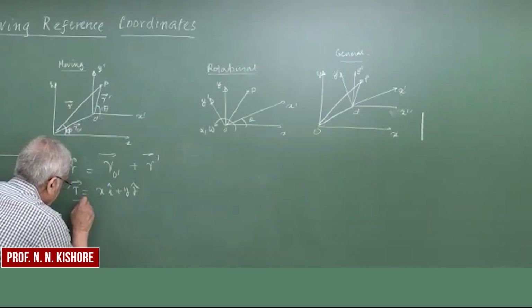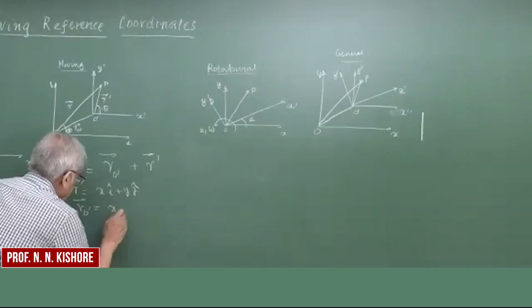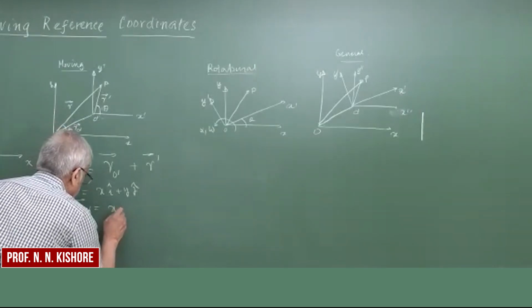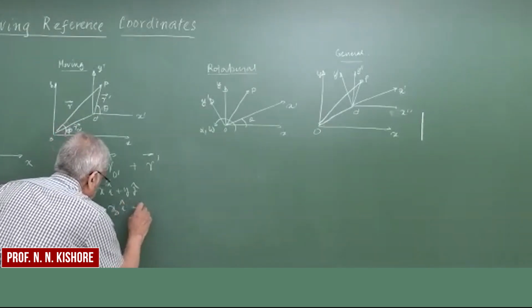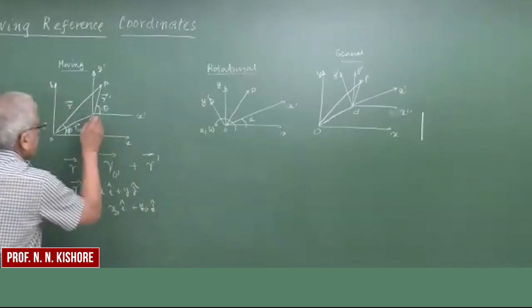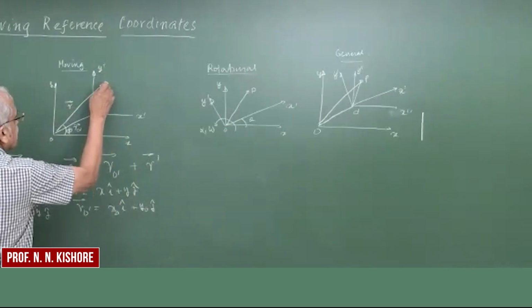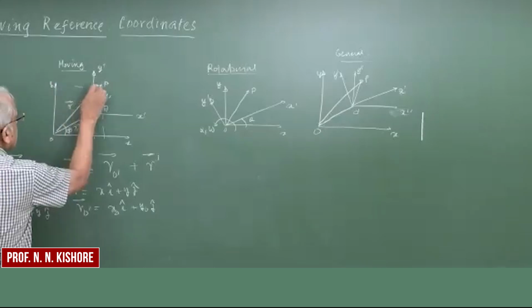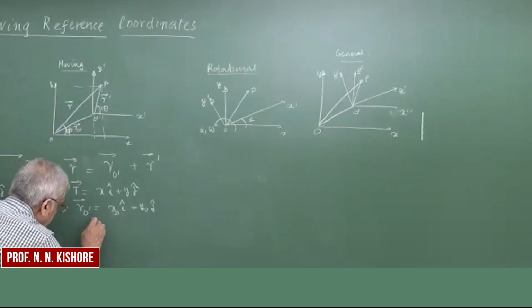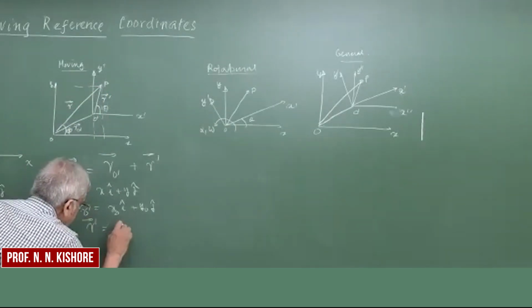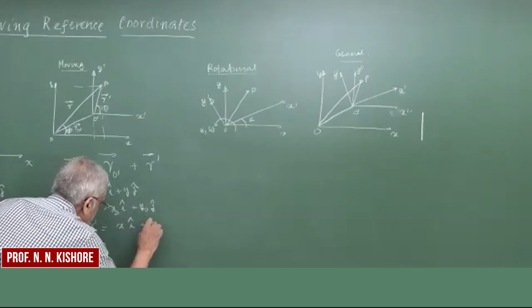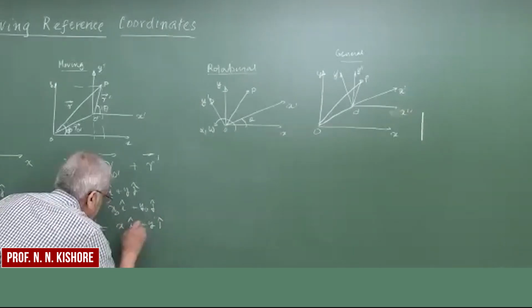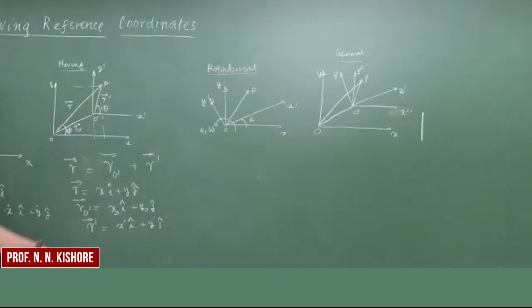And rho prime is nothing but x prime i. And r prime is xi. This is how these things are measured together with the unit vectors.